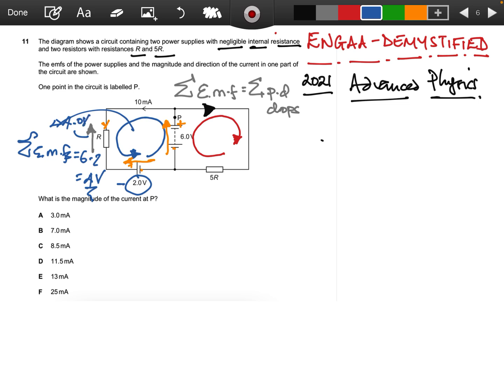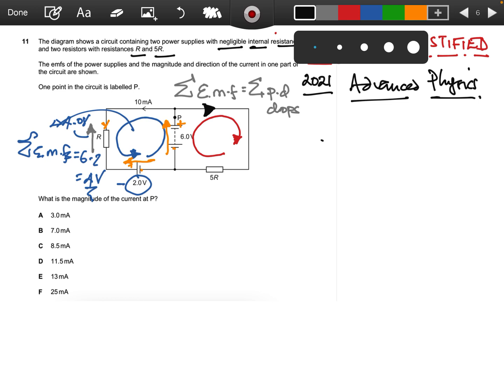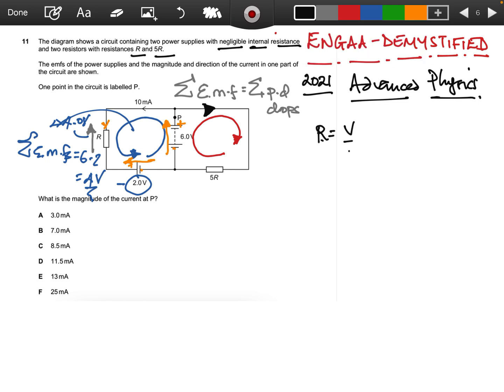So we can work out what that resistance R is, using R equals V over I: 4 divided by 10 times 10 to the minus 3, giving us a value of 400 ohms. This means our 5R resistor is equal to 400 times 5, so 2000 ohms. To work out the current in my red loop, I'll again apply Kirchhoff's law.